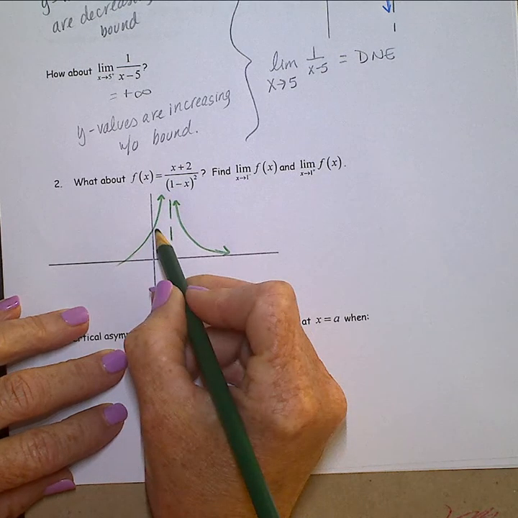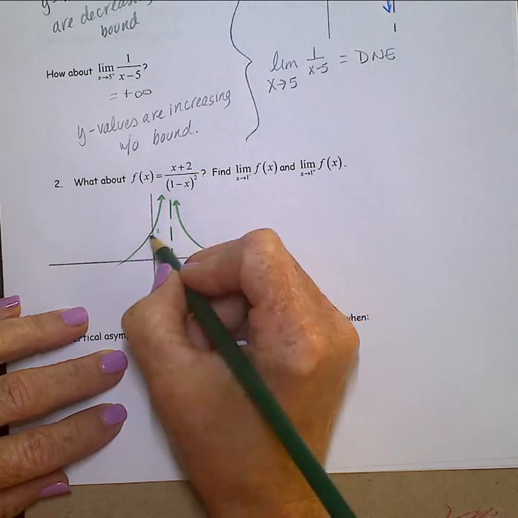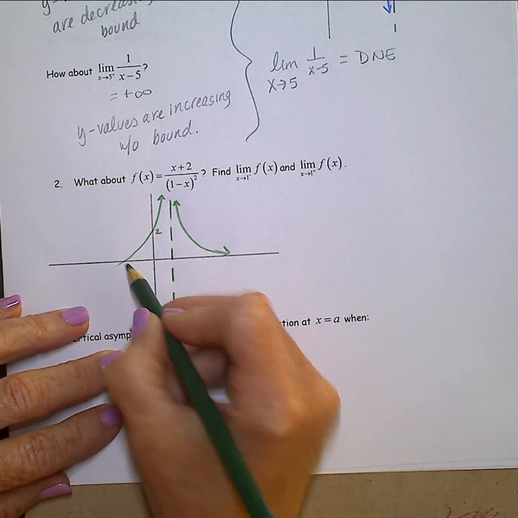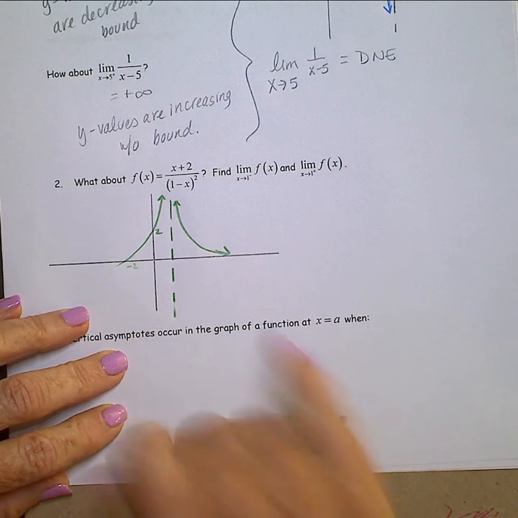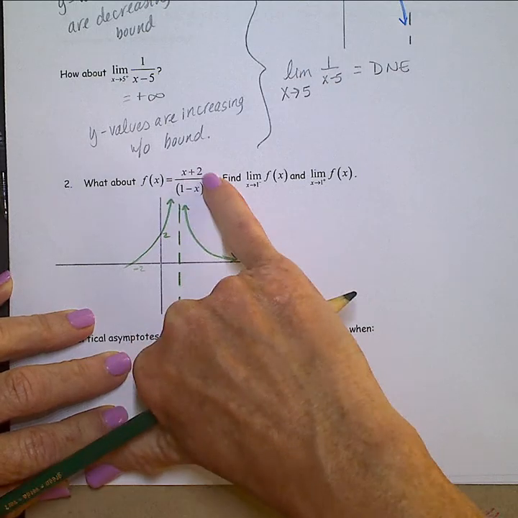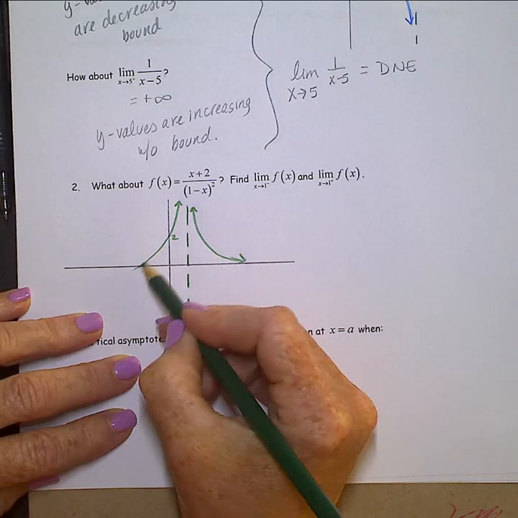It's going to hit right at 2 when x is 0. Yeah, this is at 2. And it does cross through the x-axis at x is -2. That makes sense because if you plug -2 into this function, the numerator is 0. So when x is -2, this graph does cross through the x-axis.